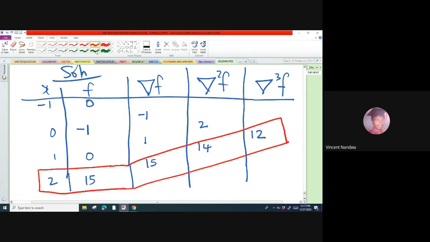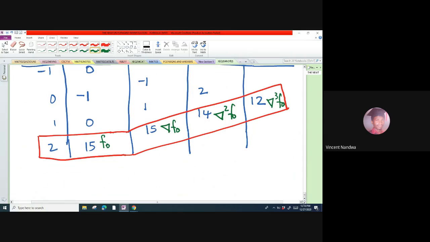So this becomes our F naught. This becomes the first backward of F naught, second backward of F naught, and then third backward of F naught. So this is how we identify them. Backward difference formula, at the bottom.